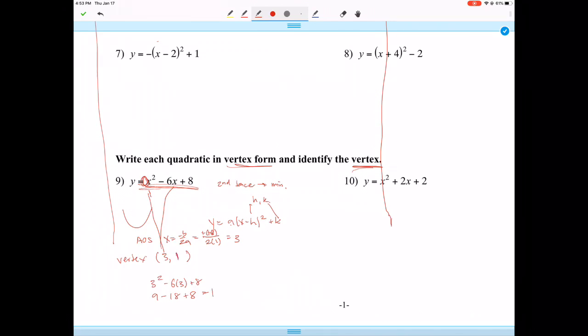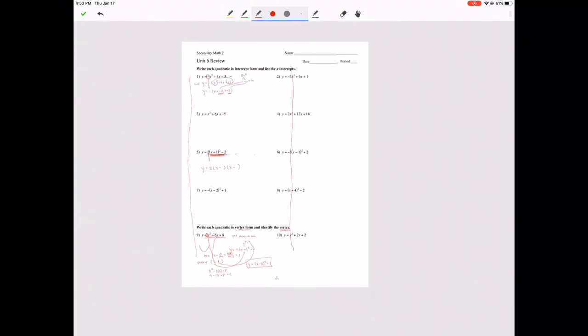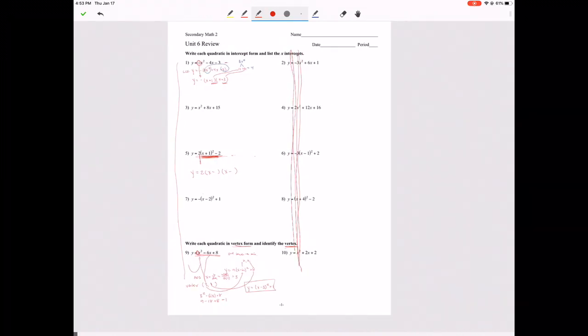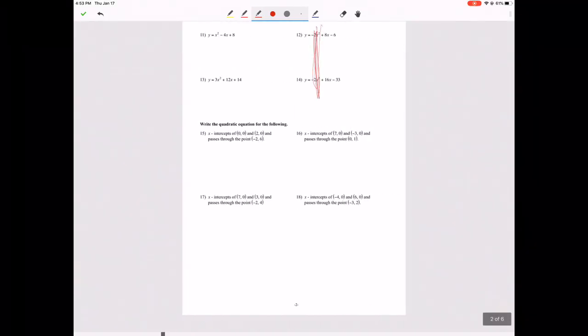Then you'd plug those into your h and your k. And again, you know a is 1, so your final equation would be y equals x minus 3 squared plus 1.